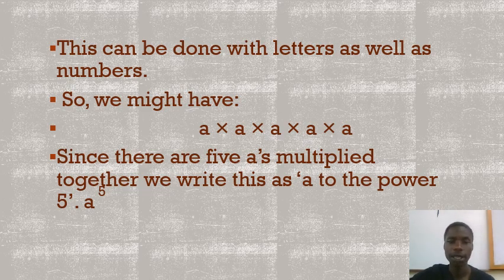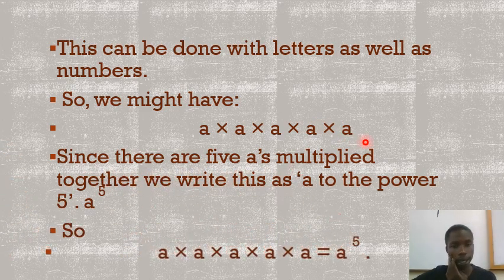Since there are 5 a's multiplied together, we write this as a power 5. As you can see here, we have a power 5. This 5 now is our index or power because a is multiplied by itself 5 times.